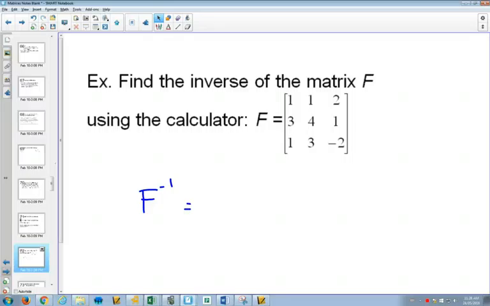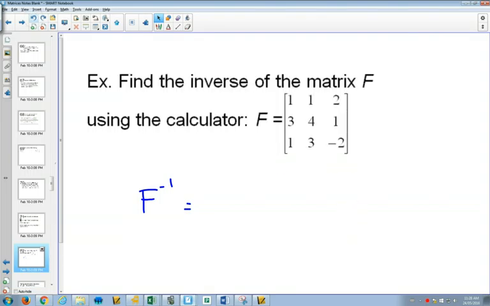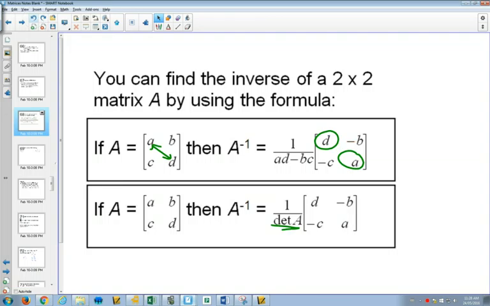So here's one. We could type this into our calculator. Oh, I erased more of it. Something went bad.